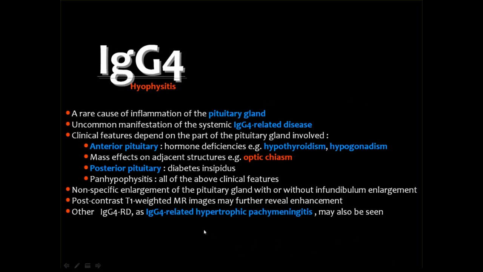There is involvement of the pituitary gland, and according to the pituitary involved, the symptoms will appear. Anterior pituitary will lead to hormone deficiencies with hypothyroidism and hypogonadism, and mass effect on the optic chiasm. Posterior pituitary will lead to diabetes insipidus. Panhypophysitis will include all of these symptoms.